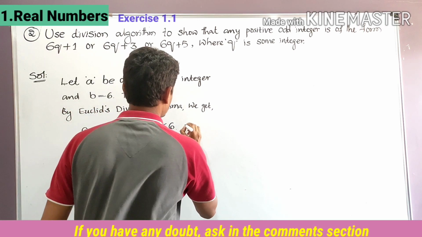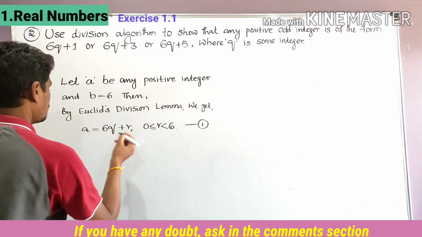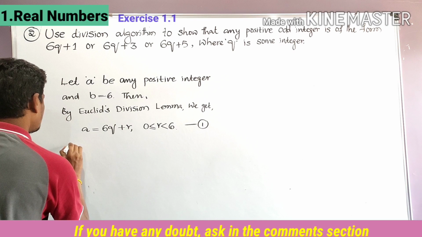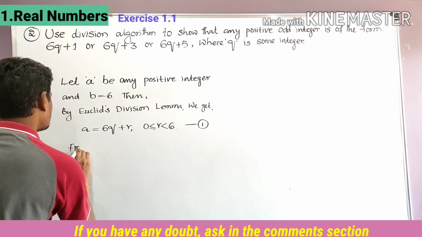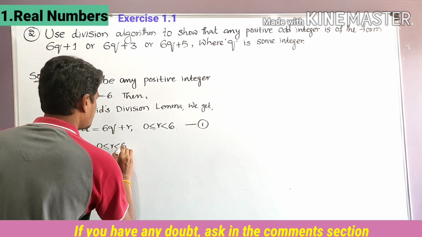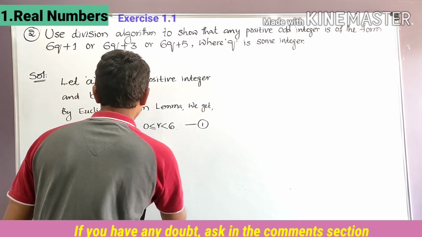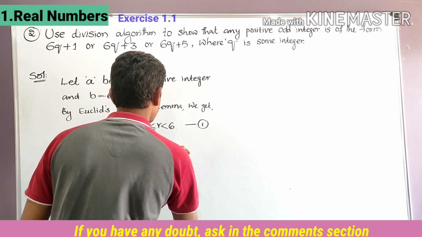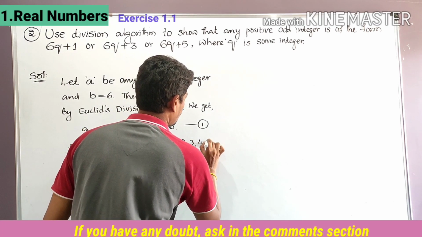Let this be equation number 1. Therefore, from 0 is less than or equal to r is less than 6, the possible remainders for r are 0, 1, 2, 3, 4, 5.